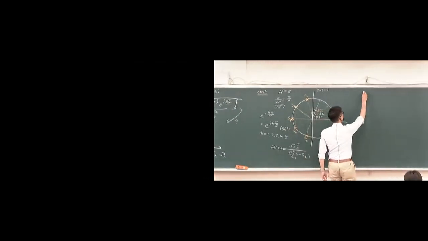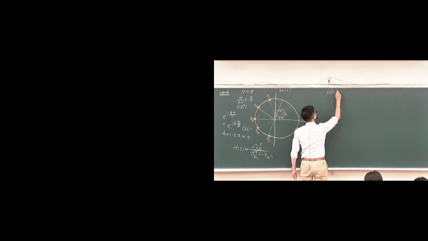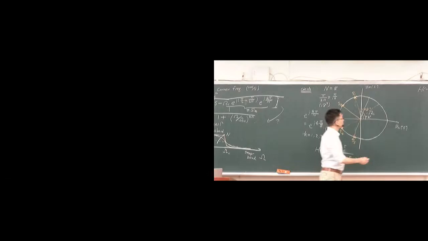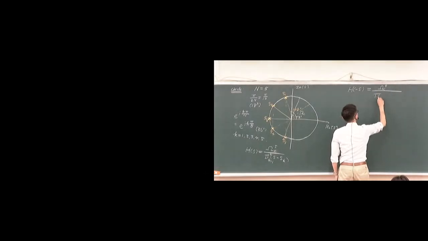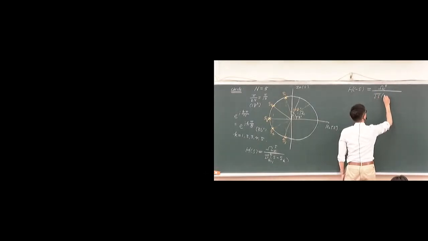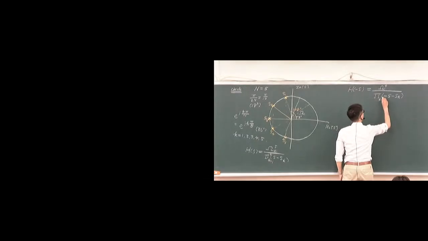And the second step, interestingly, let's evaluate H of minus s. H of minus s is still omega c to the fifth power divided by the product of minus s minus sk, where k goes from 1 to 5.